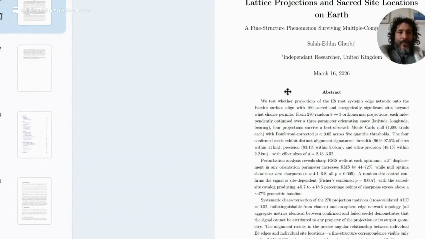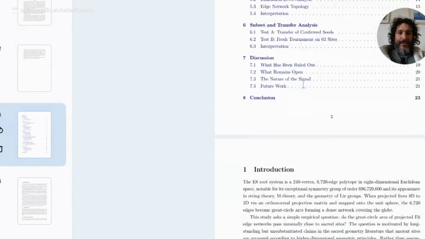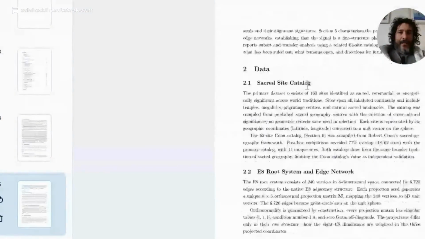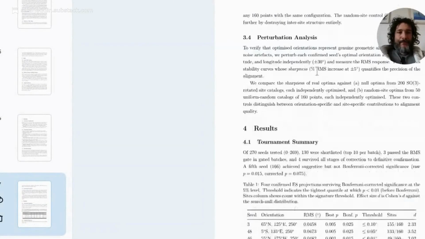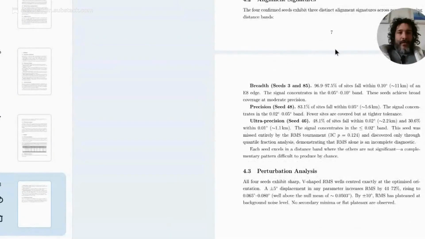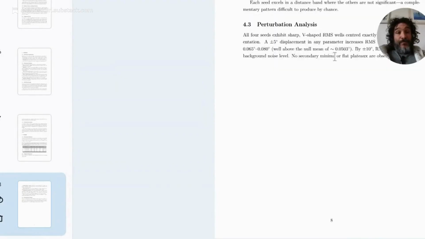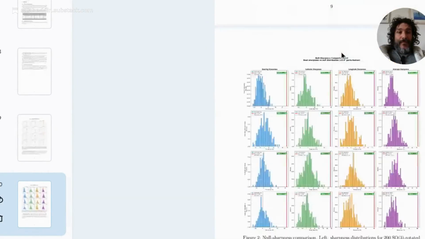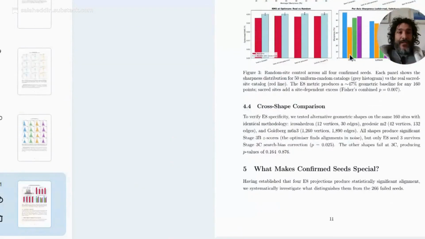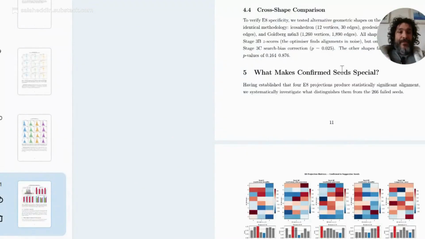This paper will give you more information about the data, the results, and the methods I used. If you are interested in downloading the paper, you can find it on Zenodo or Academia.